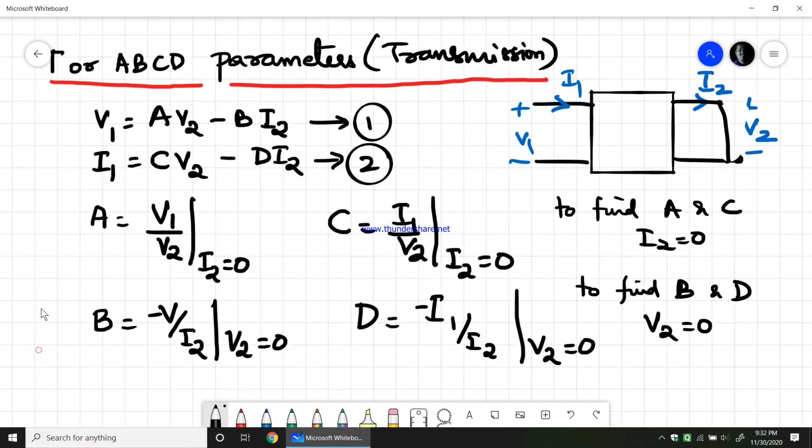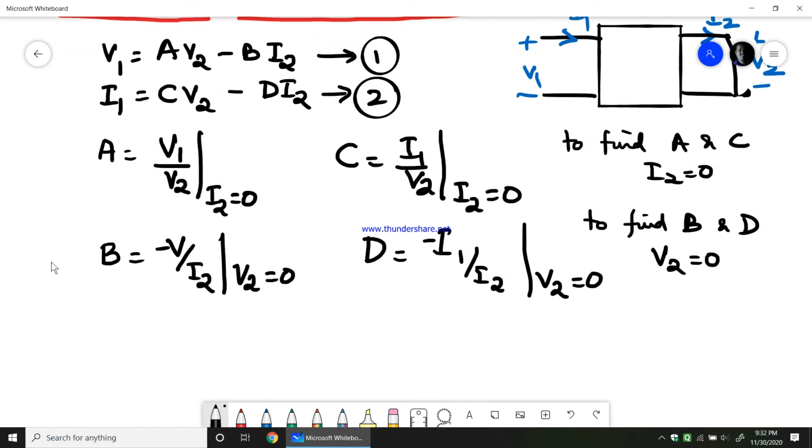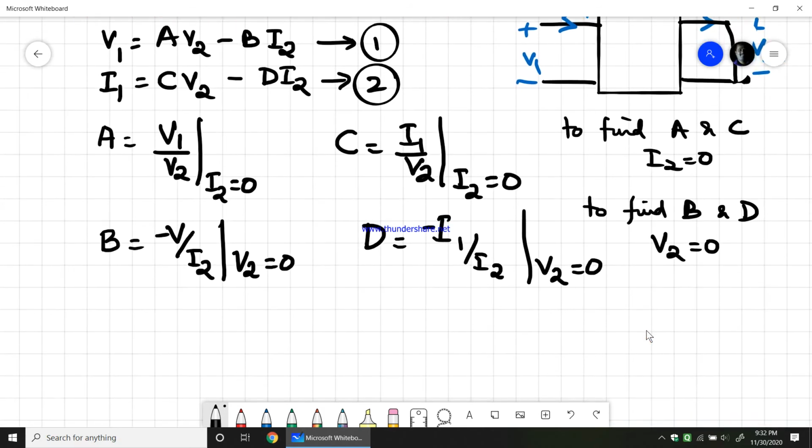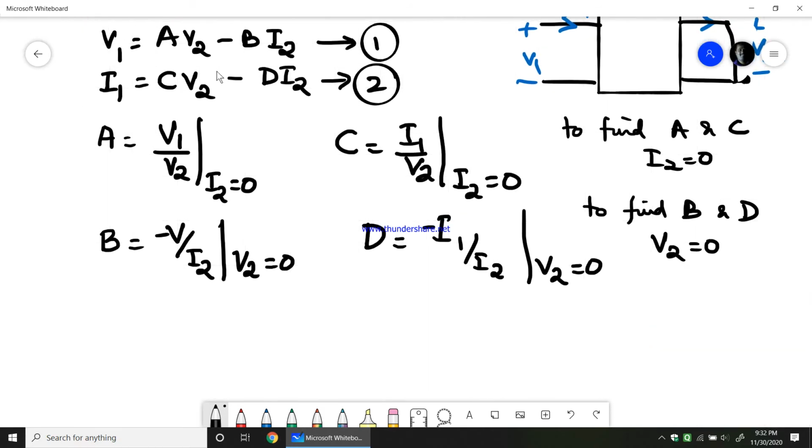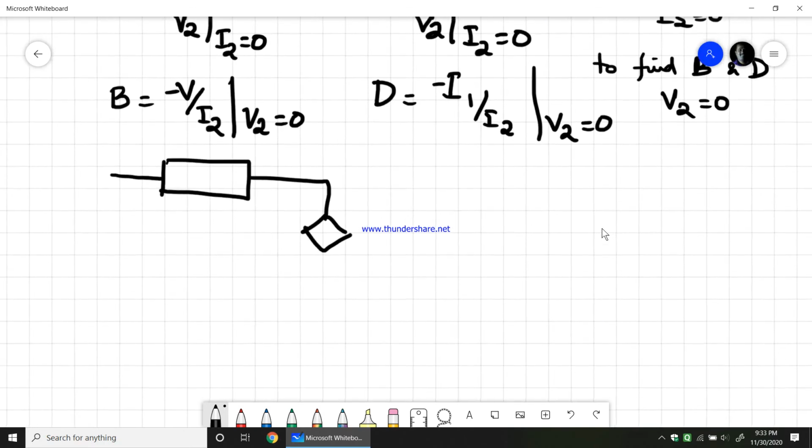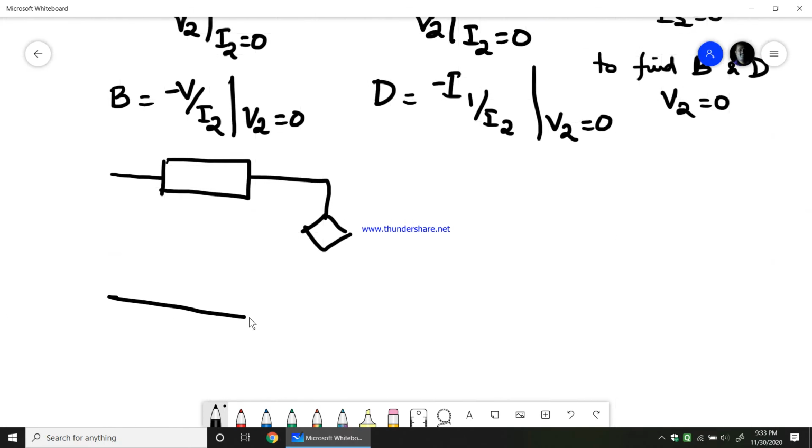Now if I write the circuit for the T parameters, how would it be? The circuit here is, you have a voltage, so it should be a series network with a dependent source. There will be a combination of both series at the input and parallel at the output.